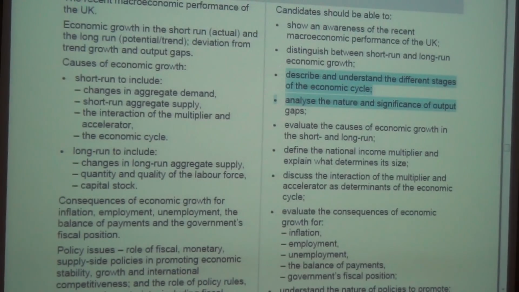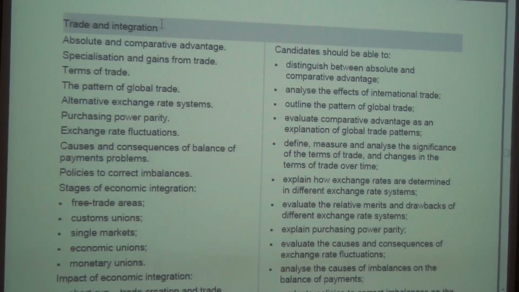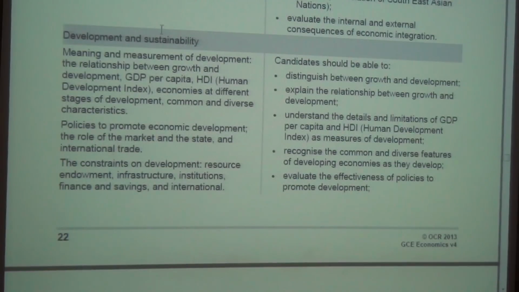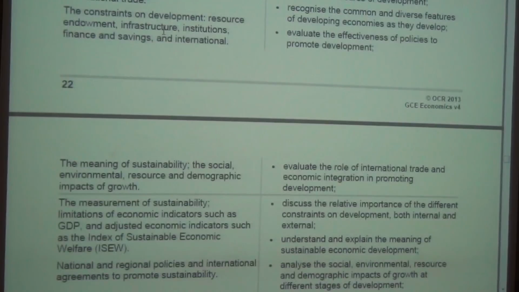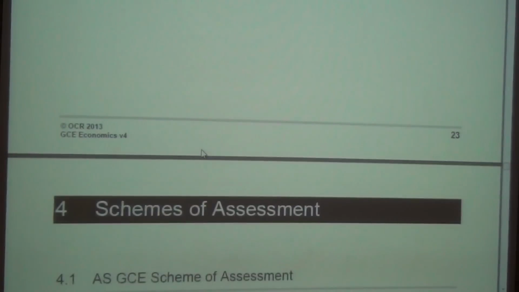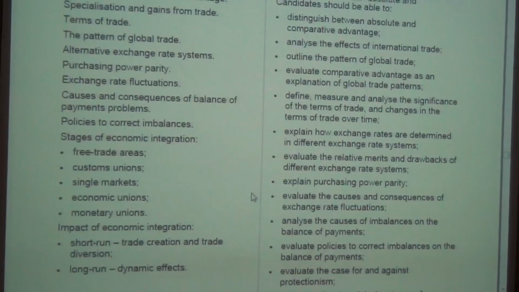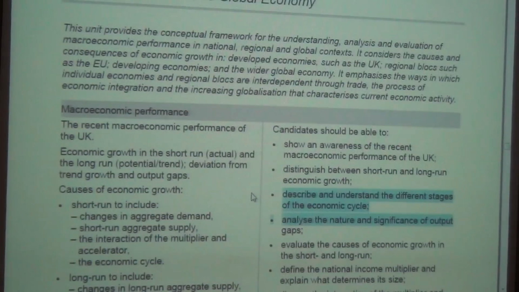Here's your specification. You can see the spec is split into a section on macro performance, a section on trade and integration, a section on development and sustainability, and a section on the economics of globalization. Now, having read extract 1, it fits into this section here on macro performance.